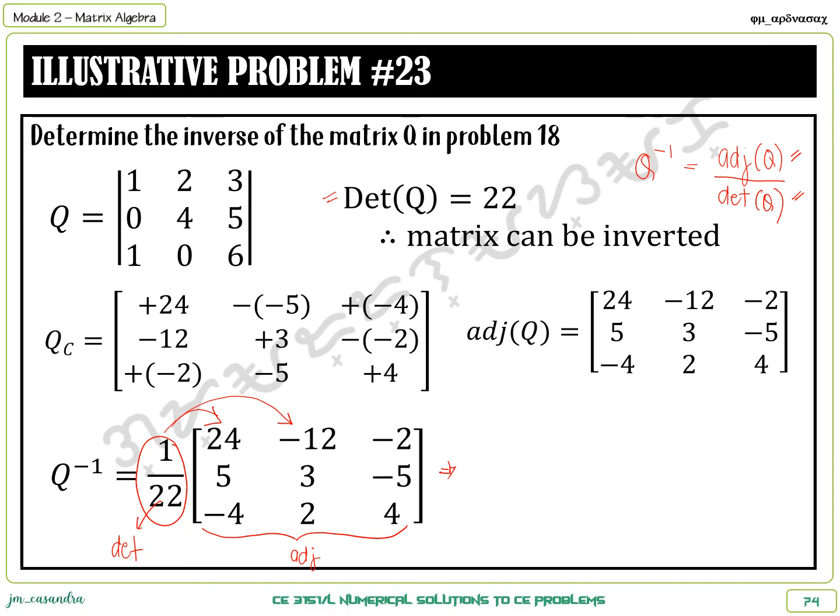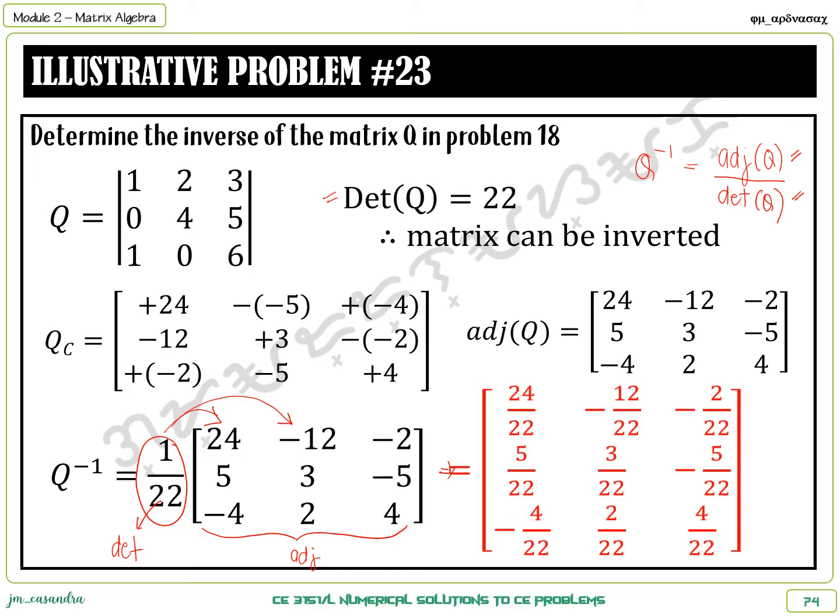Then we have now the inverse of Q is equal now to this matrix. Okay, so 24. So pareho lahat ng numerator, nagkaroon lang ng denominator. So if we're going to multiply this matrix to your original matrix, your answer should be an identity matrix, meaning all the diagonal is equal to 1.